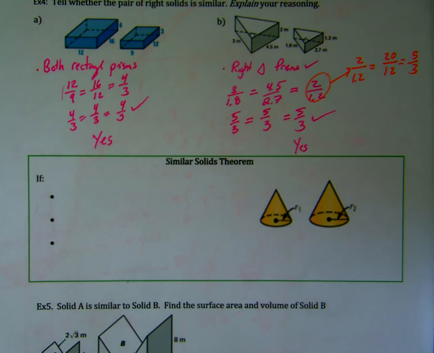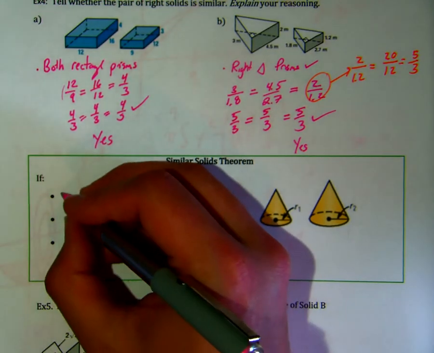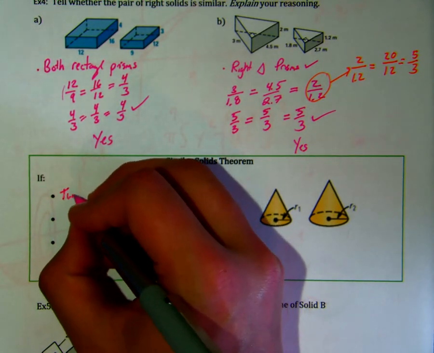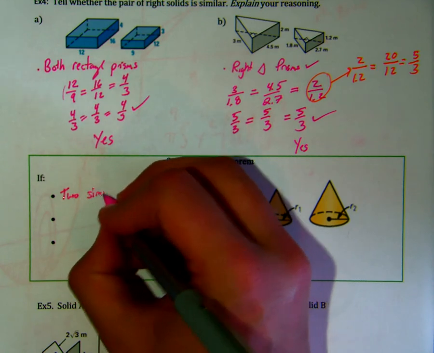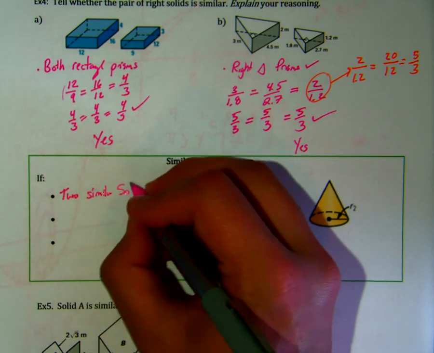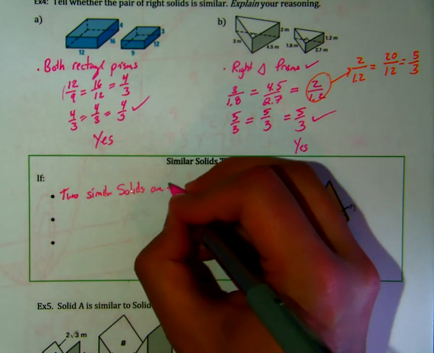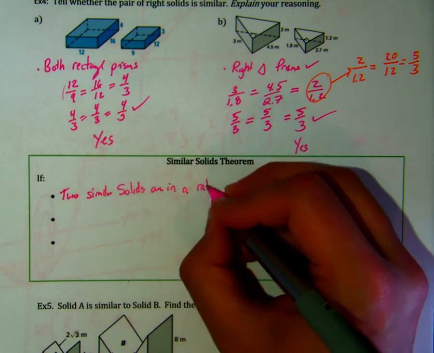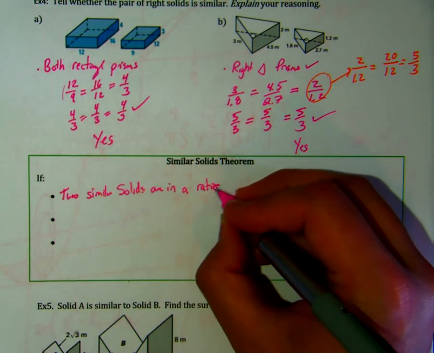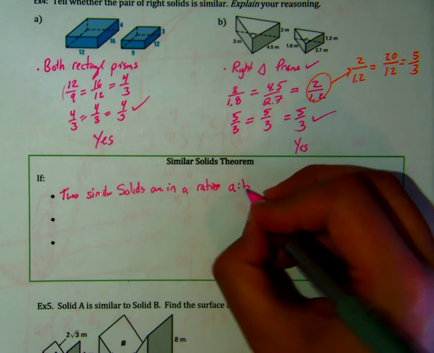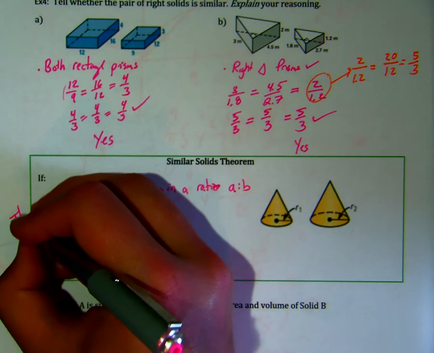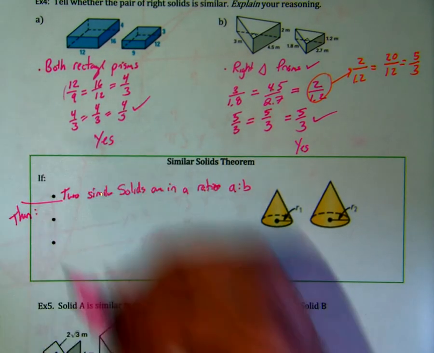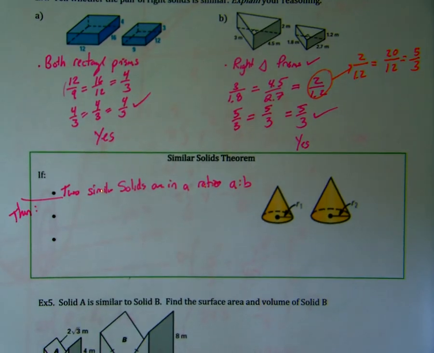So if two similar solids are in a ratio A to B, okay, then two things are true, okay?